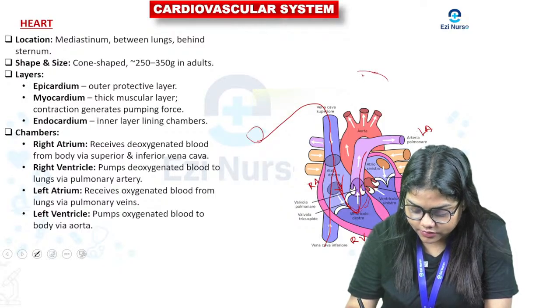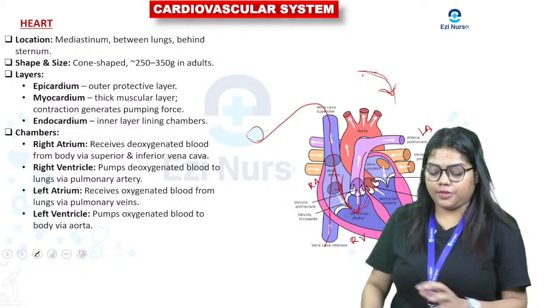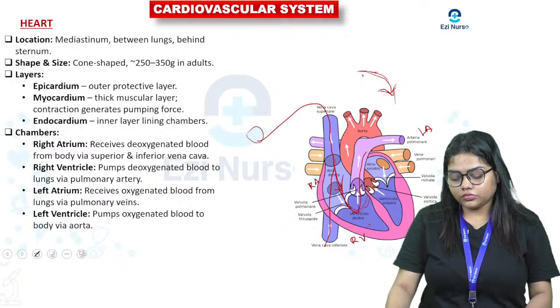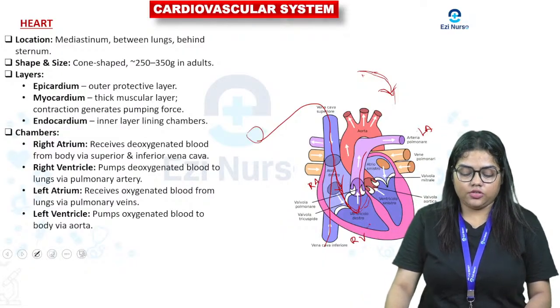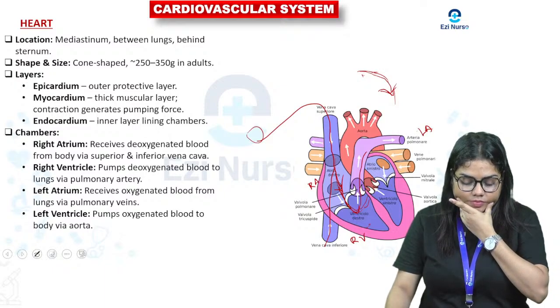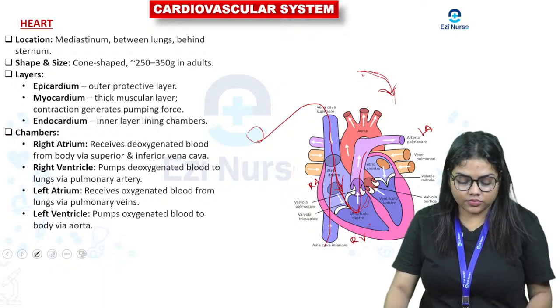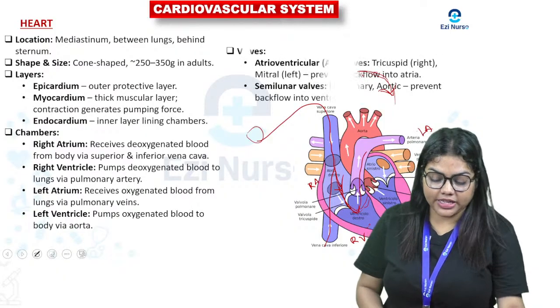From the lungs the oxygenated blood will come to the left side. So these are the main chambers.